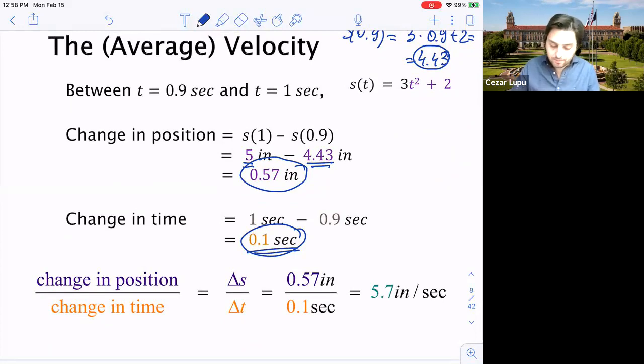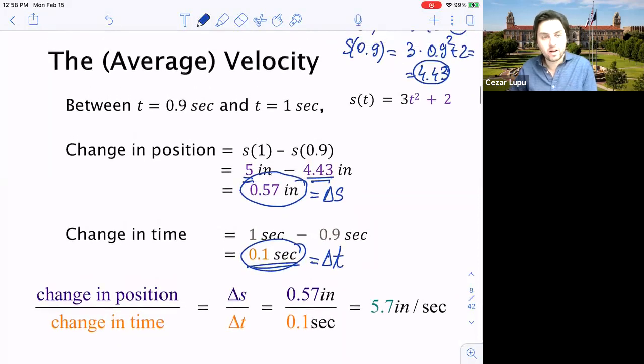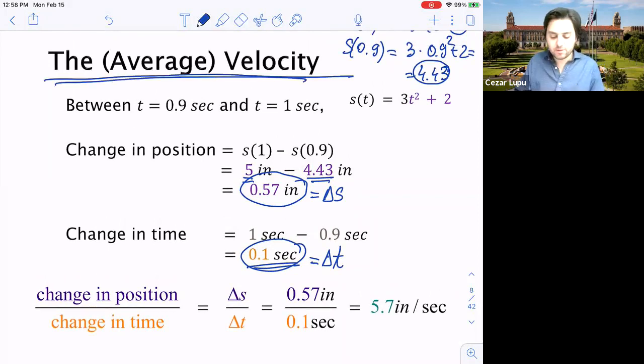And this guy here will be delta T. So the change in position over the change in time, which is delta S over delta T, will be 0.57 over 0.1, which is 5.7, right? All right, so this is how we compute the average velocity. In other words, the average velocity will be the change in the position over the change in time. So that's what you need to know.